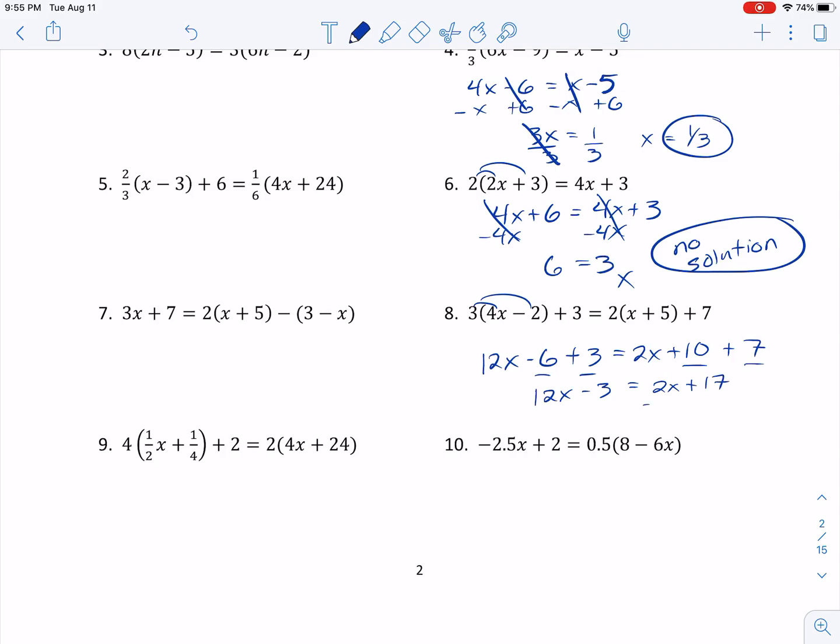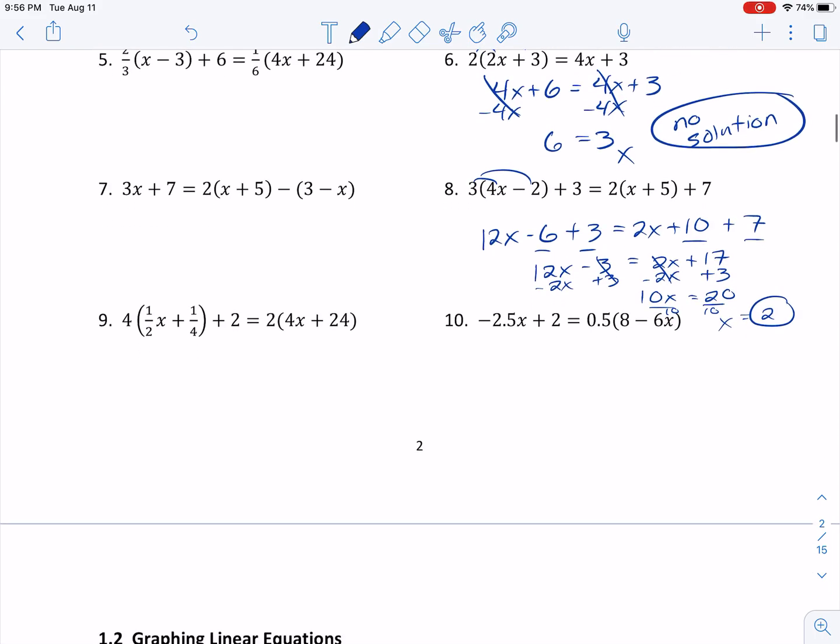Again, get your variables on the same side, so subtract our 2x, add our 3 to the other side. We get 10x equals 20, and we're left with x equals 2. Divide that 10 over. 10 goes into 20 2 times.